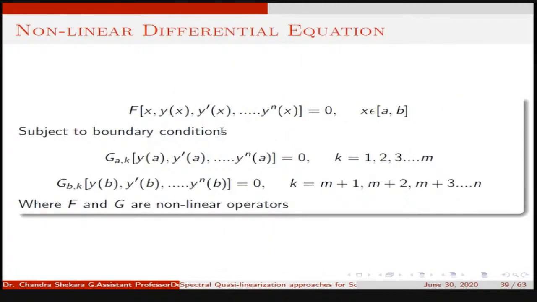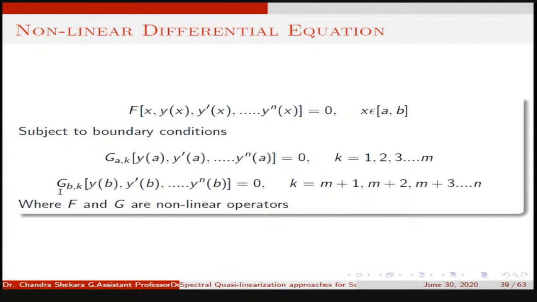So this is the nonlinear differential equation, where F is the nonlinear operator, subject to the following boundary conditions: G A, the left boundary condition, and G B, the right boundary condition. Here F and G are nonlinear operators. So how do we use the spectral collocation method to solve this nonlinear differential equation?